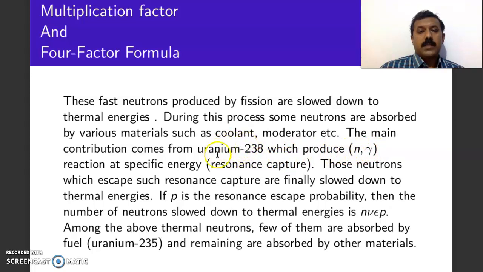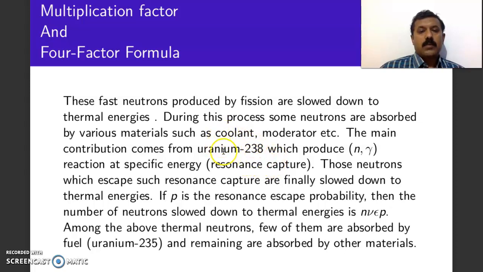The name itself says it is resonance capture. At a particular value of energy, when there is matching of energy, those fast neutrons may interact with uranium-238 and be absorbed by it, producing only gamma photons. This is called resonance capture.